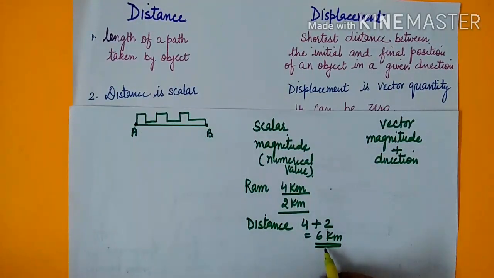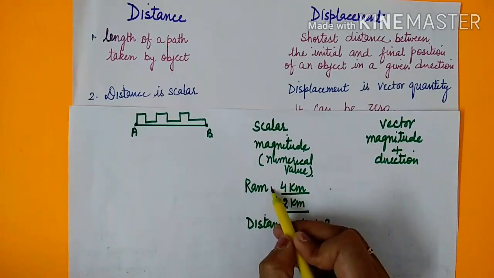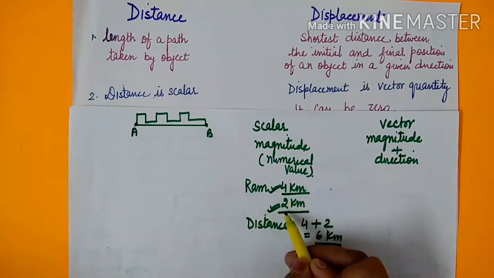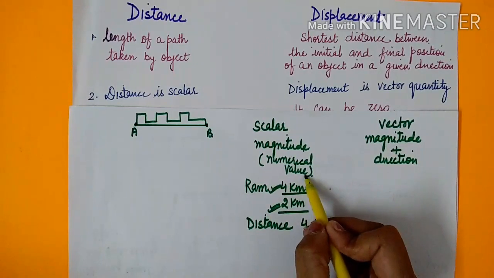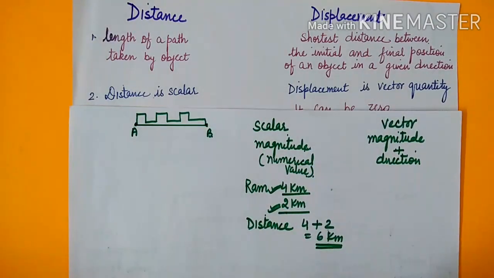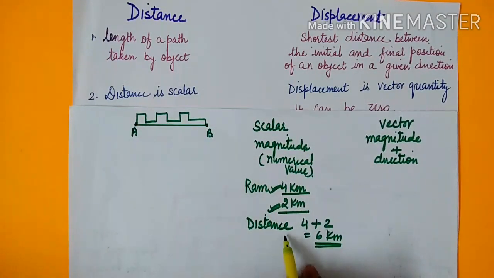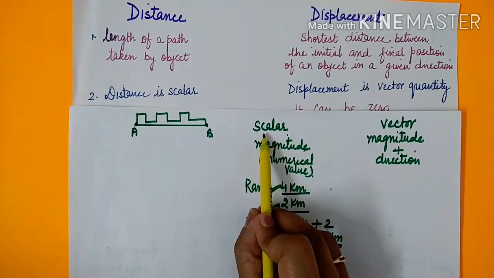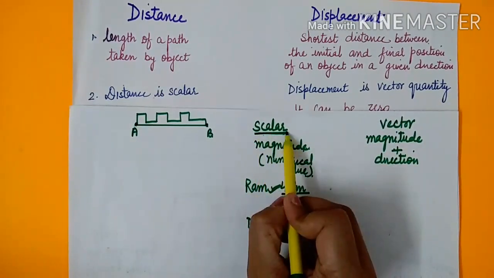Because for calculating distance, you only require these numerical values, 4 kilometer and 2 kilometer. You can say magnitude is required to calculate distance, and that's why it comes under the category of scalar quantity.